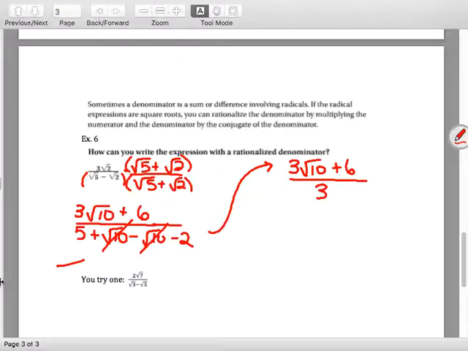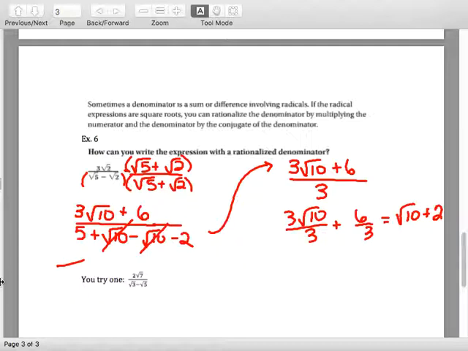Radical 2 times radical 2, since there's one minus sign, is minus 2. I remember we struggled with canceling correctly. So at this point, split it and make it 3 radical 10 over 3 plus 6 over 3, and then you're not going to make mistakes with canceling incorrectly. So this is radical 10 plus 2.